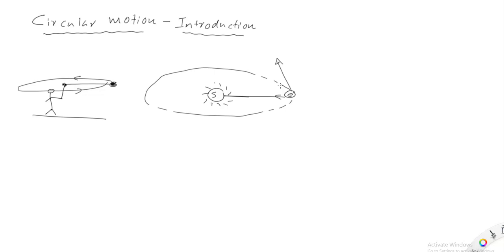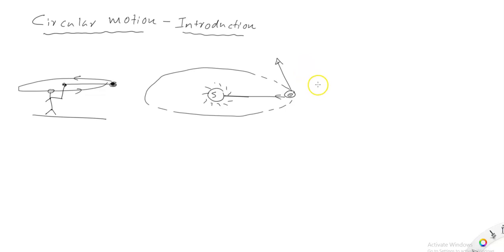We'll get to that later. Anything that rotates, could be a machine, could be a planet, it could be something like you're spinning a tennis ball around your head. Anything that rotates is an example of circular motion, and we can analyze the properties of this movement using a few simple equations. So that's what we're going to discuss.